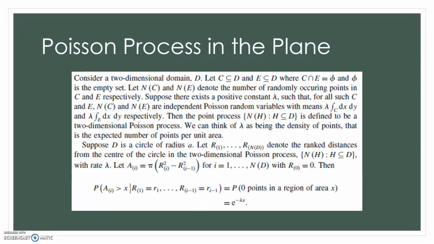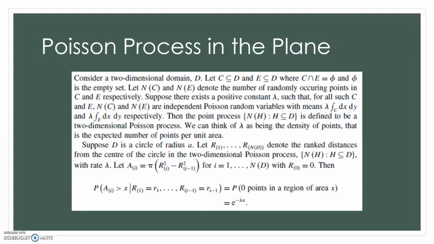We suppose that there exists a positive constant lambda such that for all C and E, N of C and N of E are independent Poisson random variables with these means right here. Then the point process, which is this statement, is defined to be a two-dimensional Poisson process.